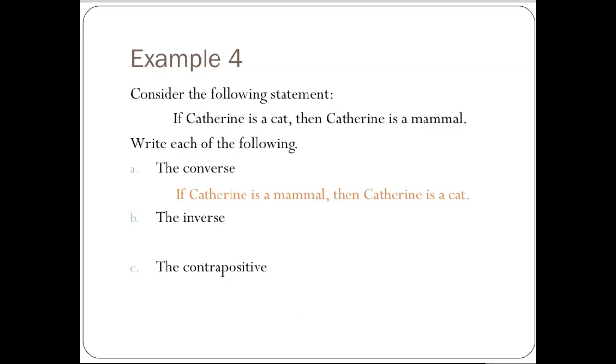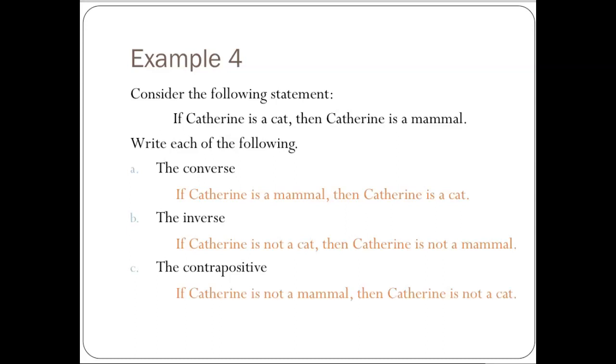Now this one is where we negate the original statement, not P, then not Q, right? So this is if Catherine is not a cat, then Catherine is not a mammal. And then the contrapositive, you negate each of the statements in the converse. So if Catherine is not a mammal, then Catherine is not a cat.